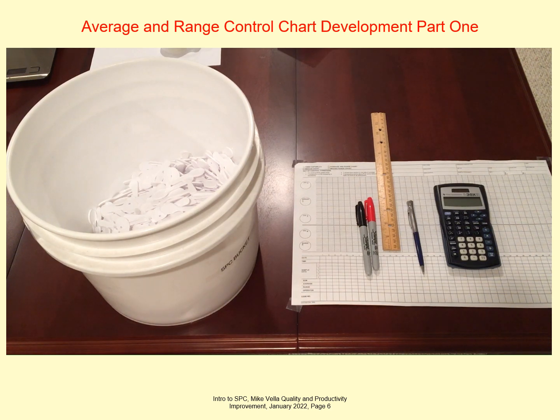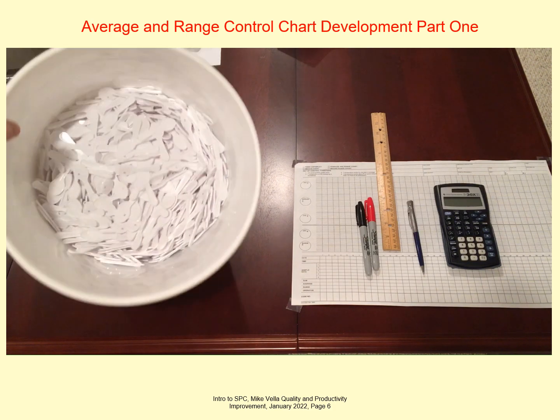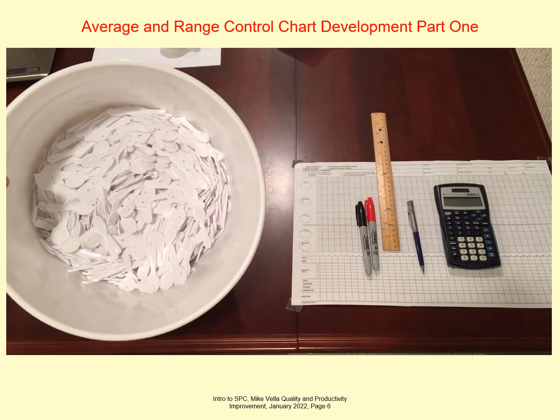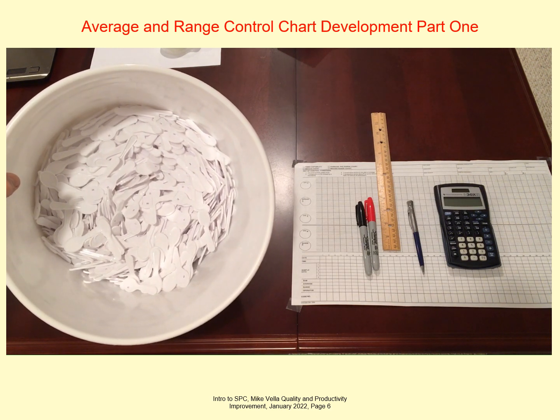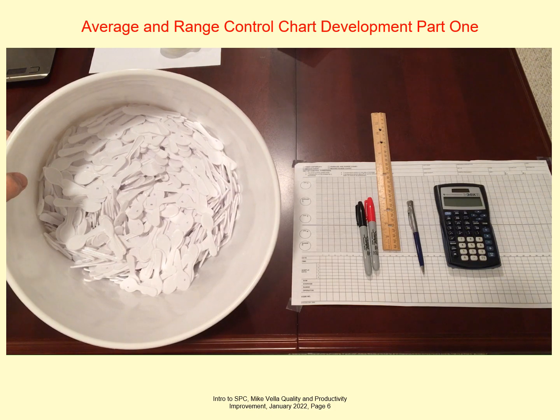In order for you to see how a statistical process control chart is developed, you need a process and a few simple tools. On the left, we have a process very similar to the Shewhart chip bowls described in Grant and Leavenworth's text.